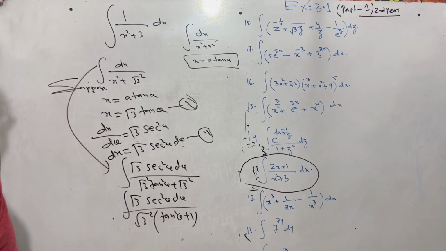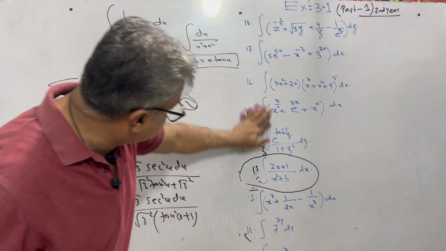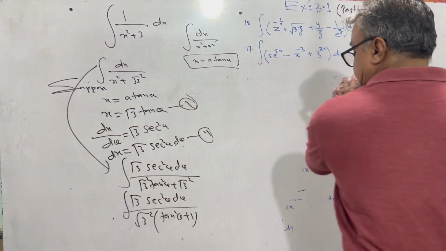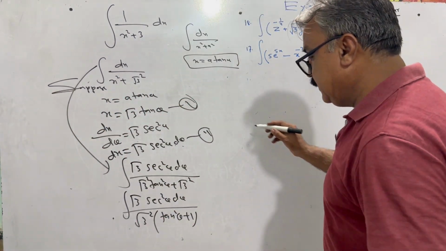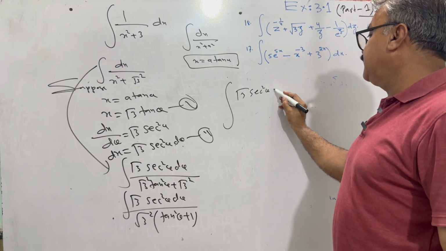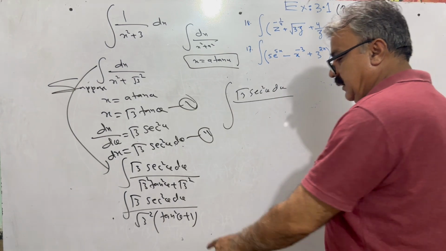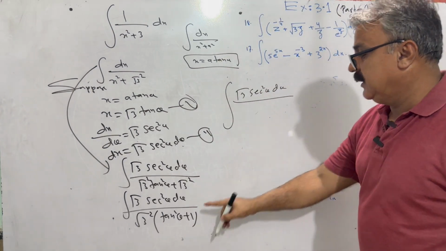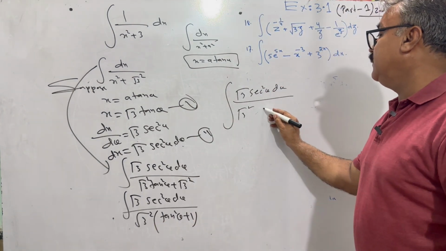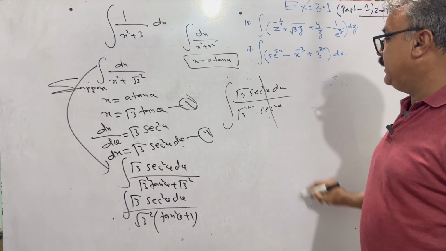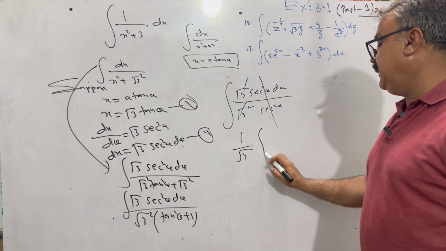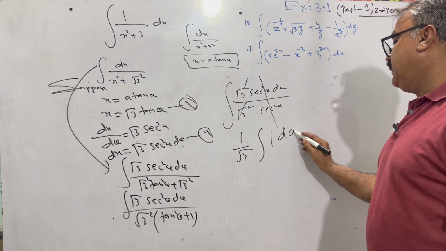Let me erase the data from here to manage the space. So it is root 3 times sec square theta d theta over root 3 square times tan square plus 1, which is sec square. Cancelled out. Here remains only 1 over root 3 outside. Nothing remains but 1 d theta.